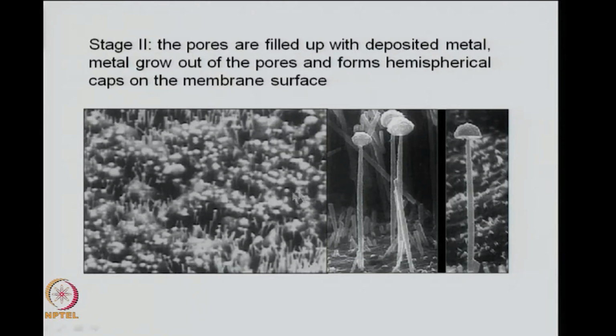So, this picture you will get if you remove the templates after stage 2, that means after the electrodeposition has continued beyond the thickness of the membrane, and you have got material flowing out of the membrane on top of the membrane in the form of hemispheres. That is at stage 2.